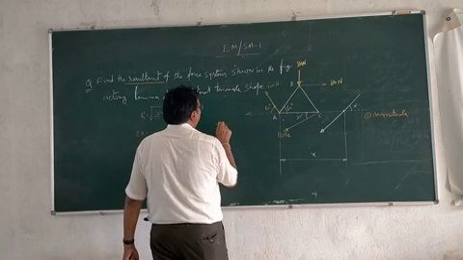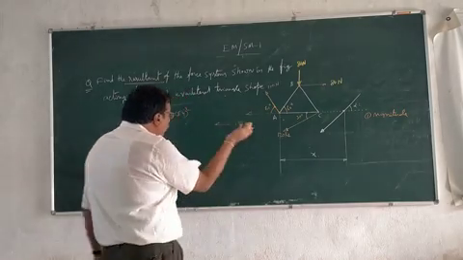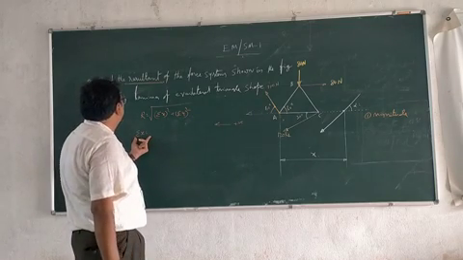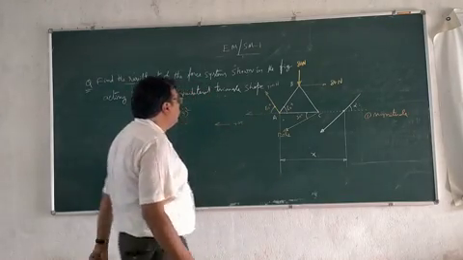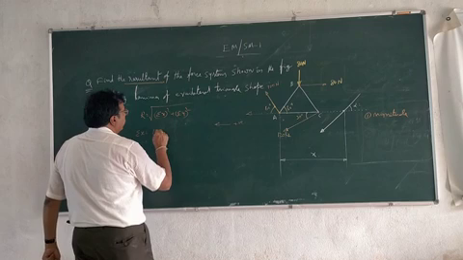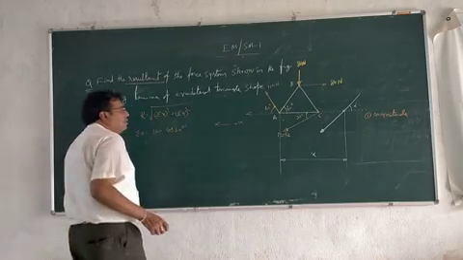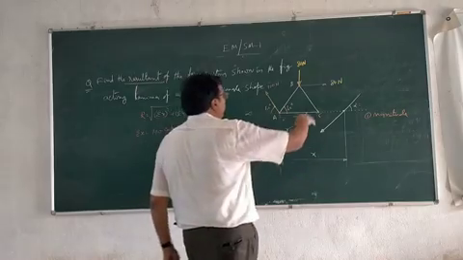I am taking right to left as positive. Consider here, sigma x is 100 cos 60 degrees. Another thing is the vertical.